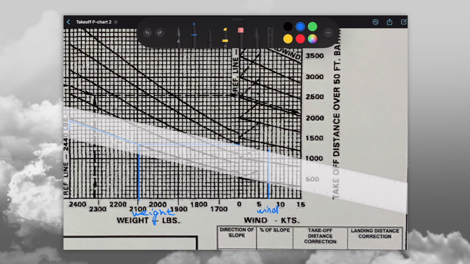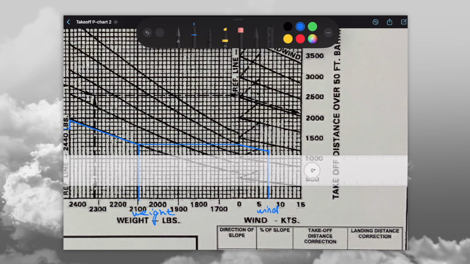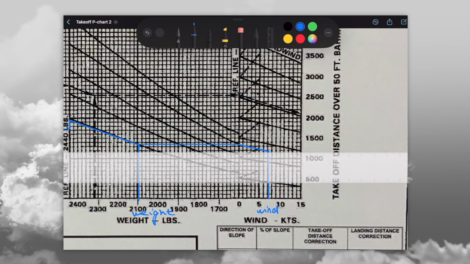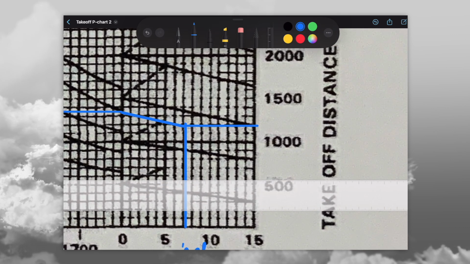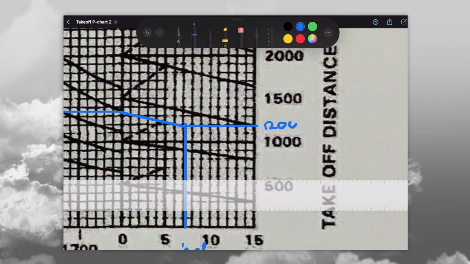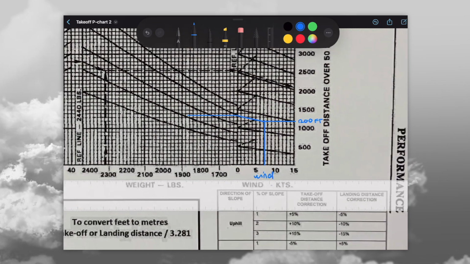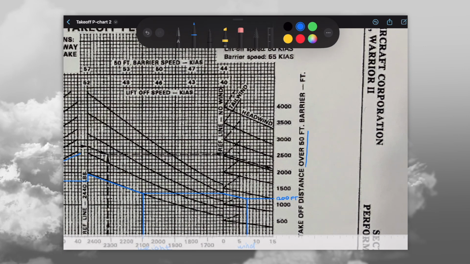That's quite shocking. It's probably not as shocking as my breaking that headwind up into different components though. And if we draw out here, we'll get a takeoff distance of 1,200 feet above a 50-foot barrier as well, which says that here.